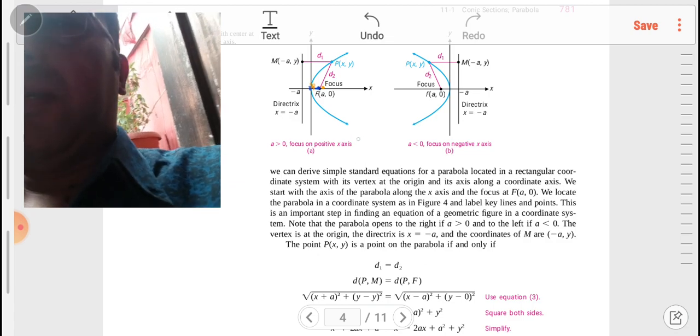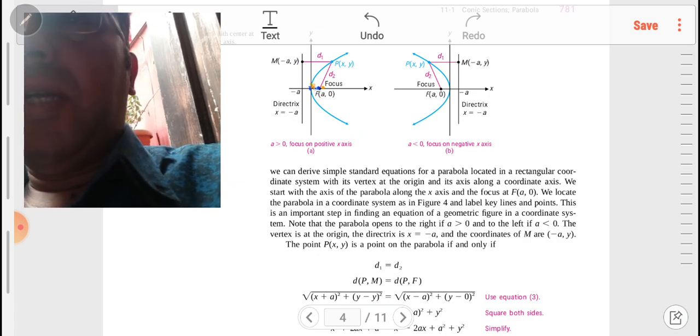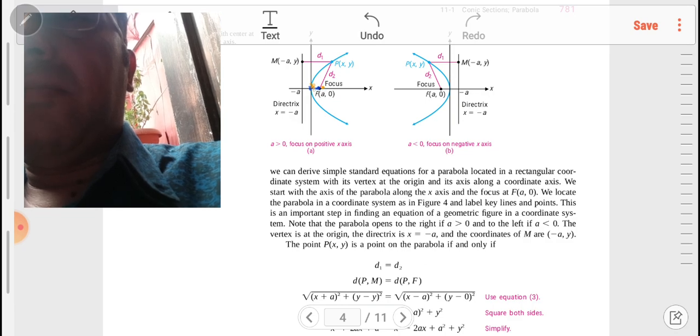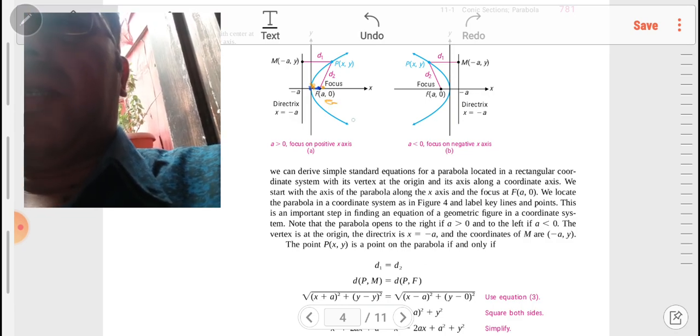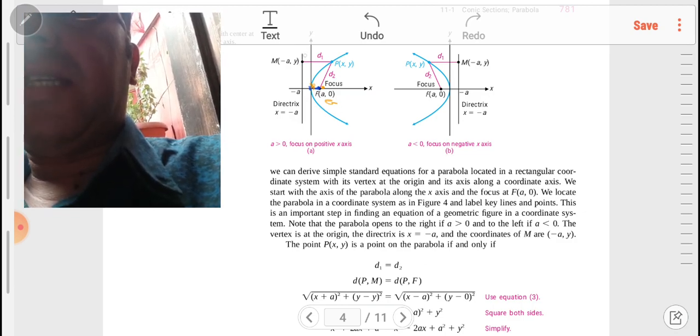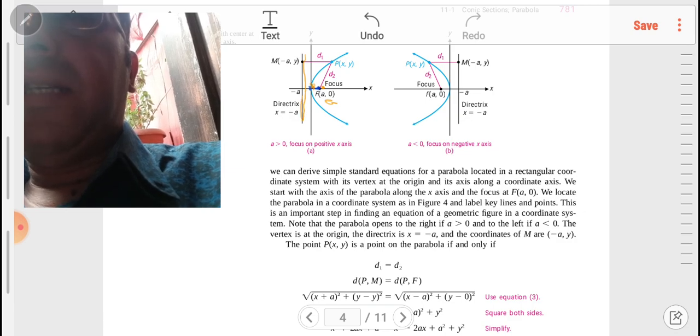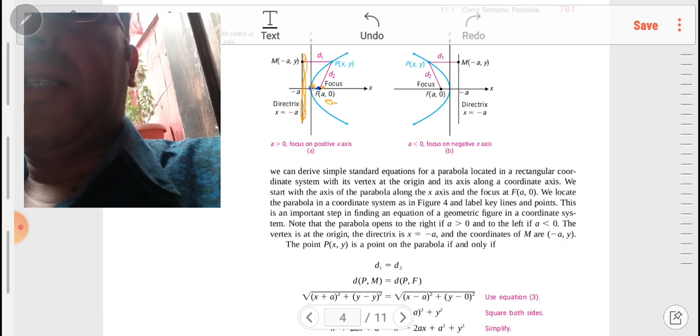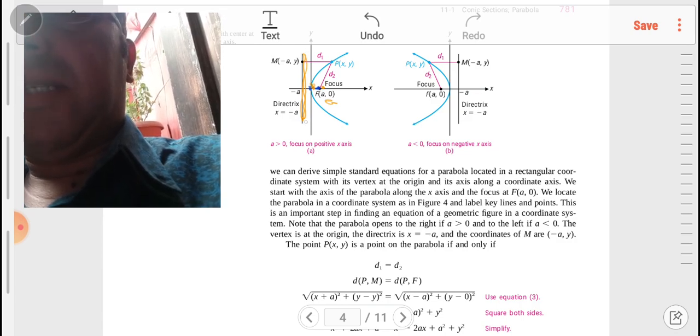If the vertex is the origin, it has a distance of a units from the focus, so the focus position is (a, 0). Another ingredient, don't forget it: this line has the same distance from the vertex as the focus. This line is called the directrix.